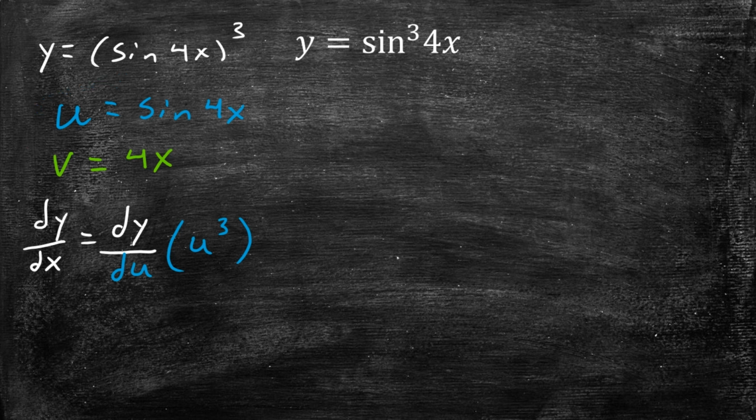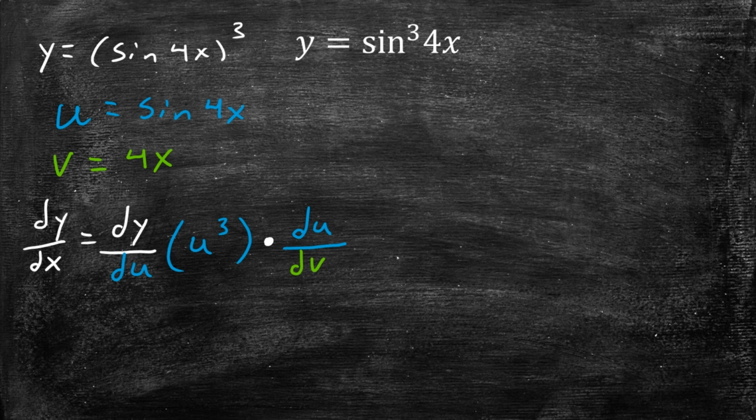The next derivative we're going to have, so we're going to multiply this by du divided by dv. And that dv is because 4x is equal to v, like we said.